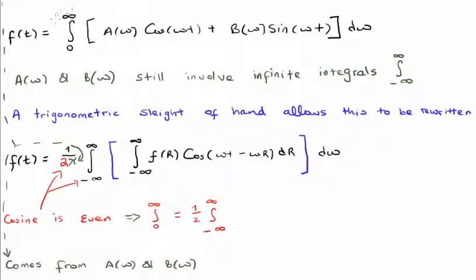Thereafter, we look at the integral here, which is even in cosine. Therefore, we extend the lower limit to negative infinity and halve the answer. This gives us the factor of 2 here. The 1 over pi is a legacy issue from the Fourier series.